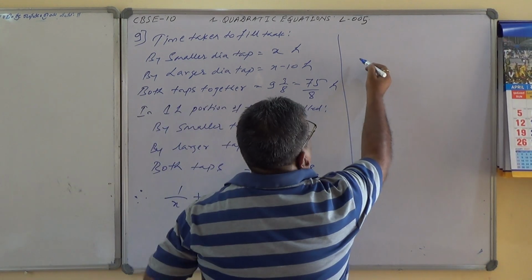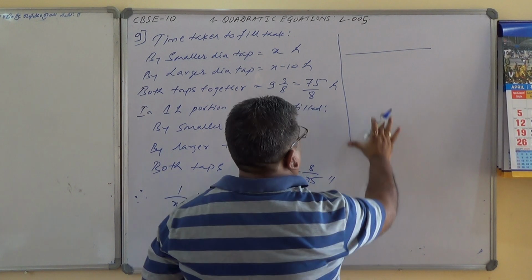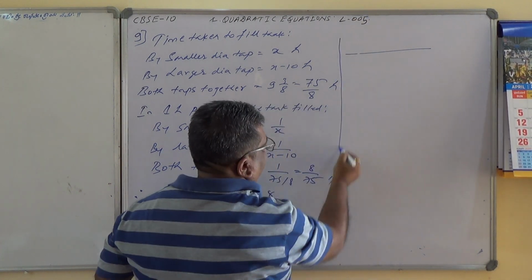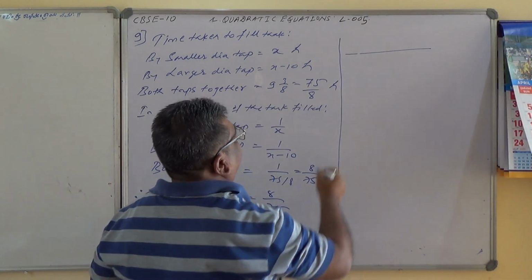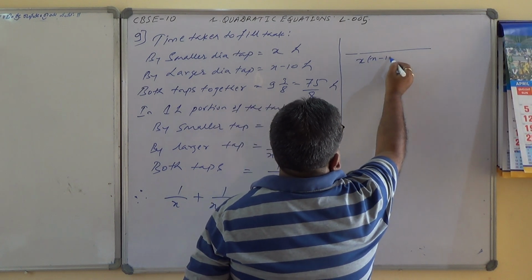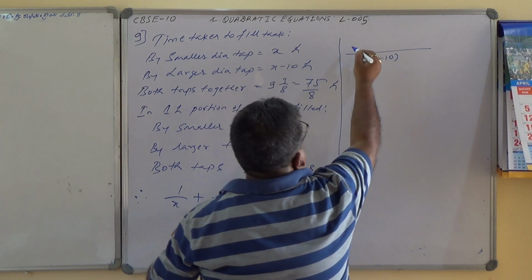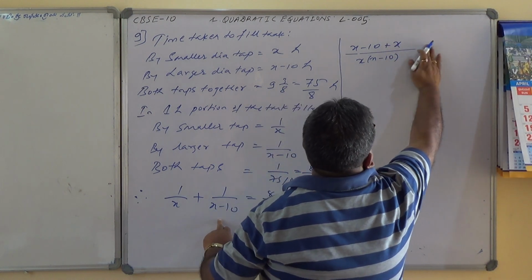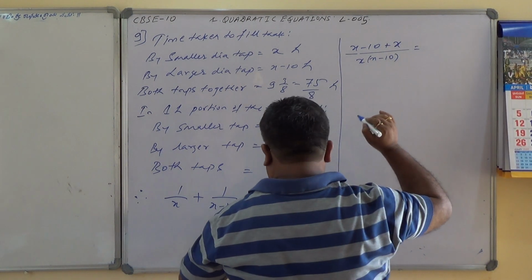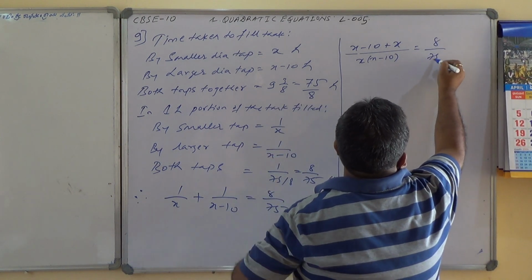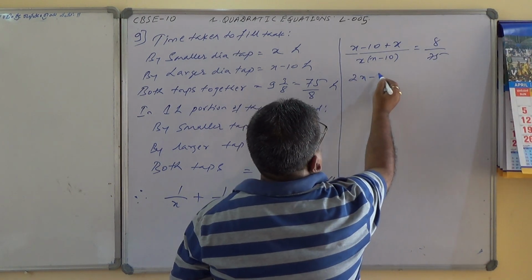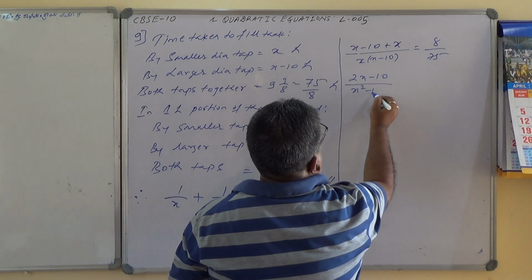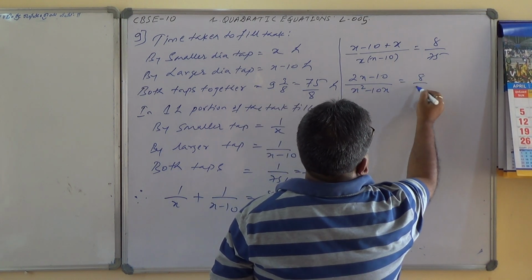Now the LCM is x into x minus 10. So x minus 10 plus x over it equals 8 by 75, that is, 2x minus 10 divided by x square minus 10x equals 8 by 75.